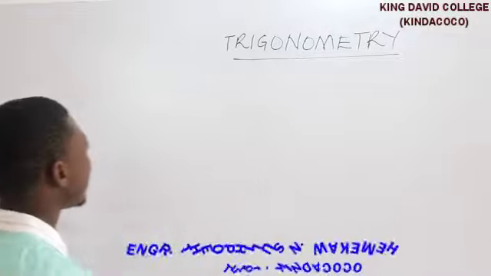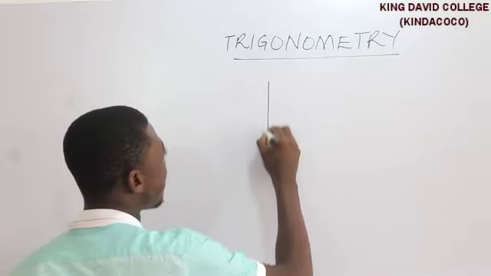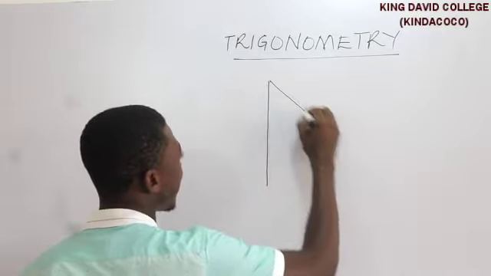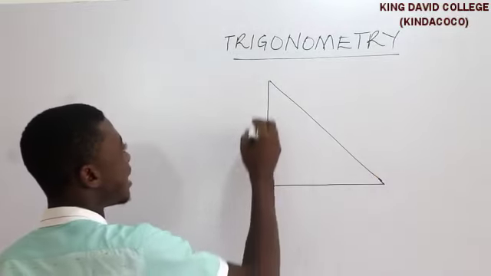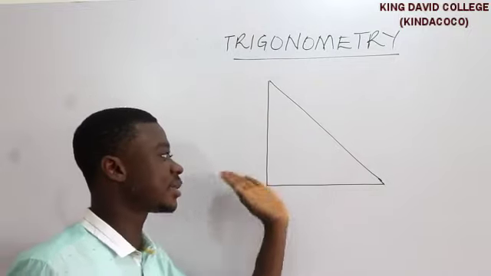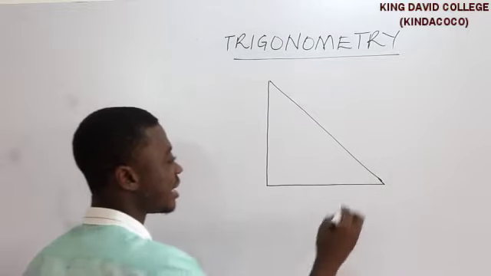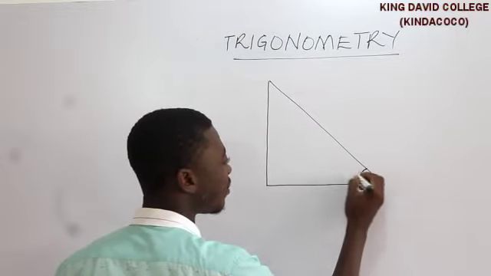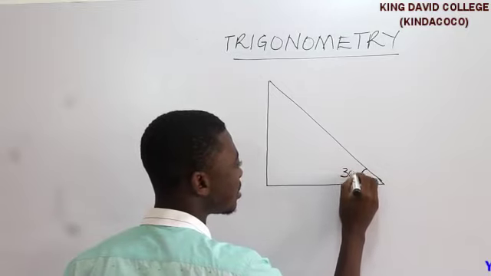If I give you a situation like this, let's say this particular plot here is a wall, for instance, and a ladder is leaning against this wall, and that's the foot of the ladder, and we tell you that this thing is making an angle to the floor, let's say 30 degrees.